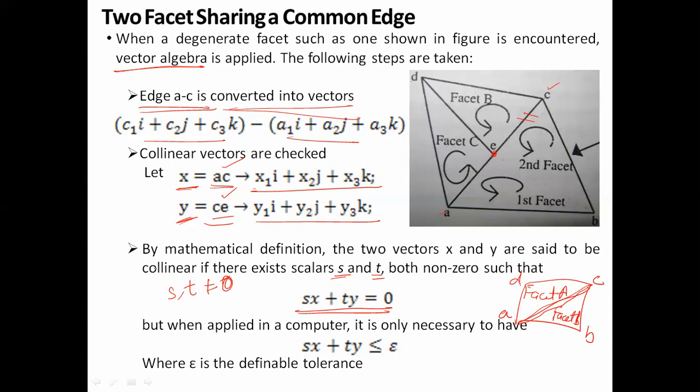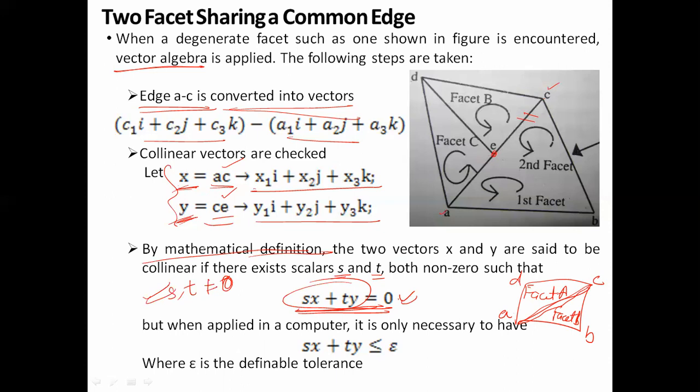By the mathematical definition, we multiply these two vectors with these two non-zero scalar numbers, and if their addition comes out to be zero, then these two vectors are collinear.